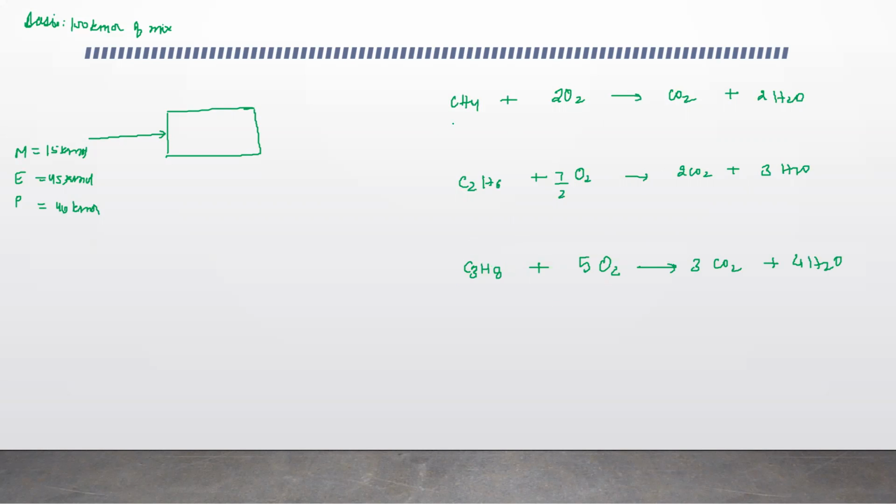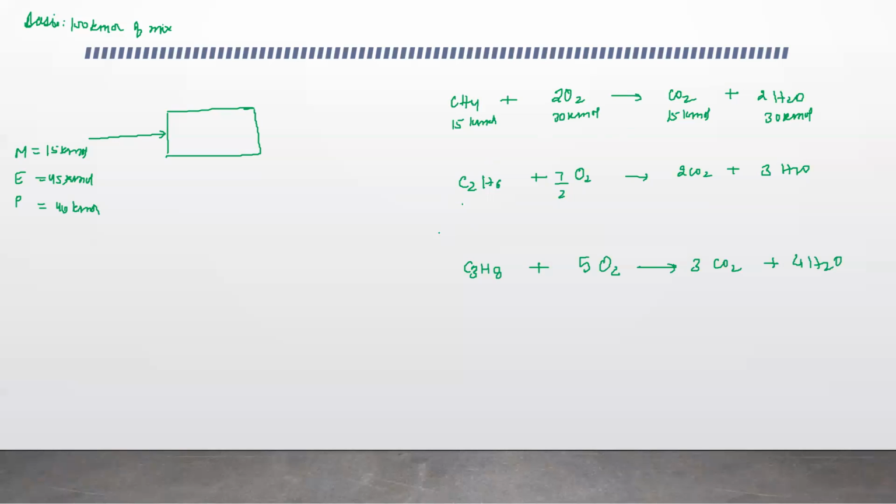So if we have 15 kilomole of methane, that's going to form 15 kilomole carbon dioxide and 30 kilomole water, and it is going to use 30 kilomole of oxygen.